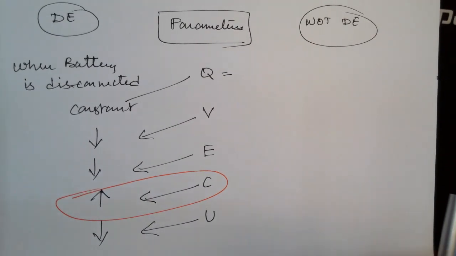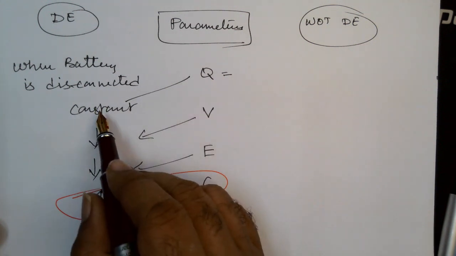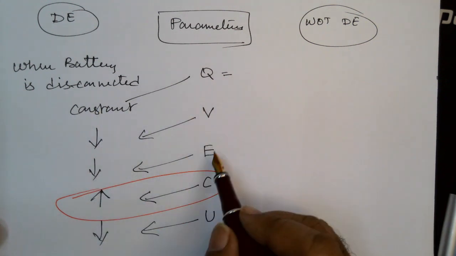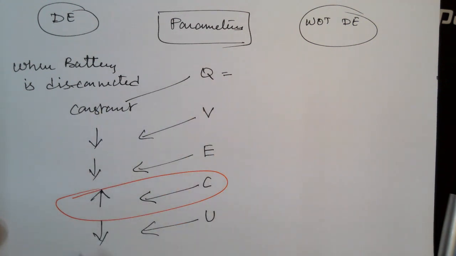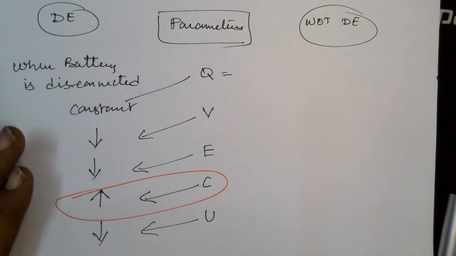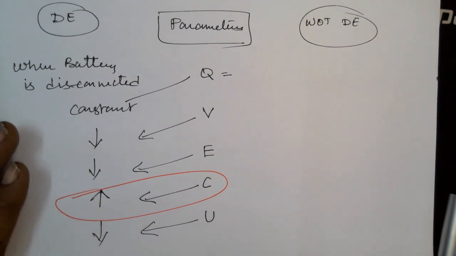Is that clear? Except capacitance, all are decreasing. That is, Q is constant, of course, and V is decreasing, E is decreasing, U is also decreasing. This is the case when the dielectric is inserted.